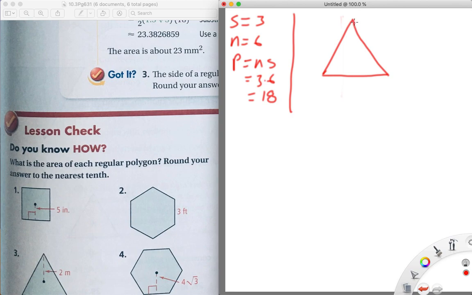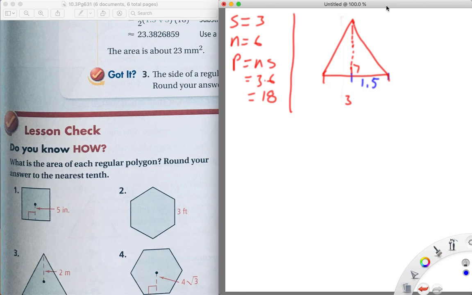So I know I'm dealing with a 30, 60, 90. So if I draw my apothem, since this is 3, I know that this guy here is 1.5 because it's half of this. This apothem cuts everything in half. So that's 1.5. That's my shorter leg, right?